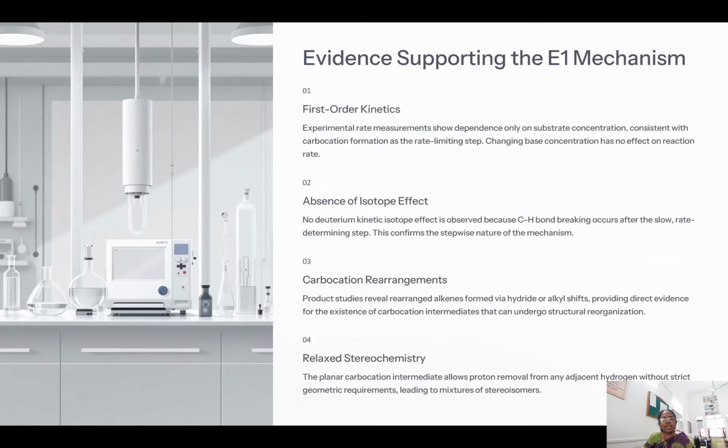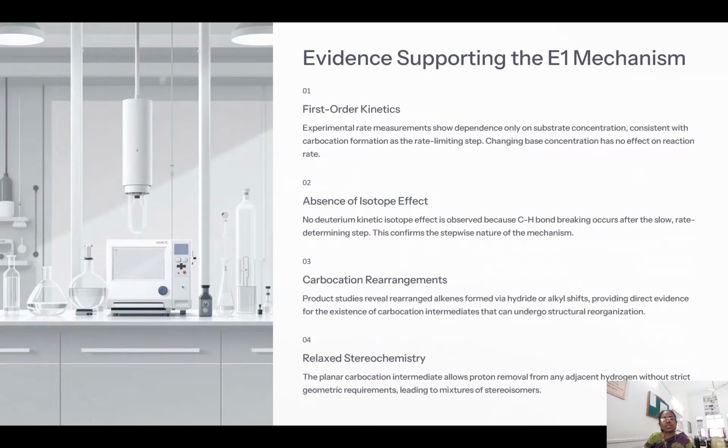Changing base concentration has no effect on the rate. The second evidence is absence of isotope effect. If hydrogen is replaced by its isotope like deuterium, the C-H bond breaking occurs after the slow or rate determining step. So this confirms the stepwise nature of the mechanism.